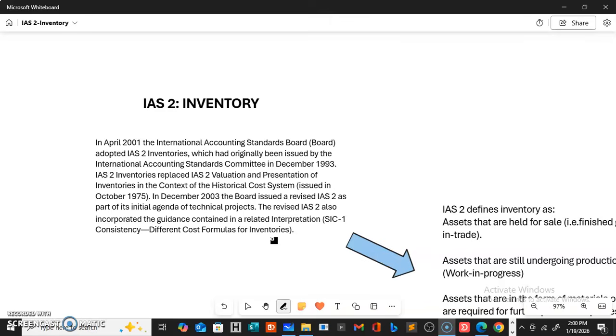So the revised standard further explores the various definitions of inventory and also develops new formulas for decision-making purposes when it comes to recognizing inventory in the income statement. Okay, so what is inventory? What is inventory? Let us go down to the definition of inventory according to IAS-2.